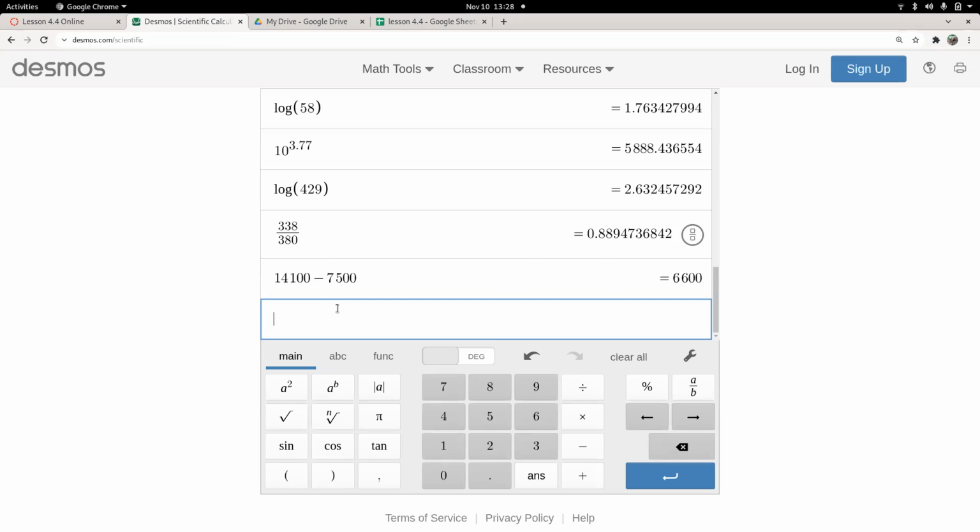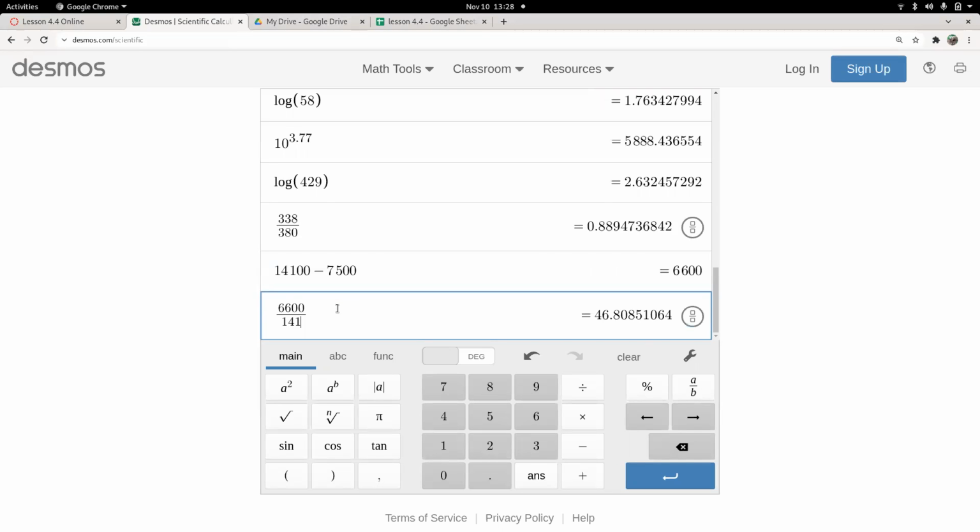What is that as a percent of what we started at, the 14,100? So 6,600 divided by 14,100, that's a drop of about 46.8%.